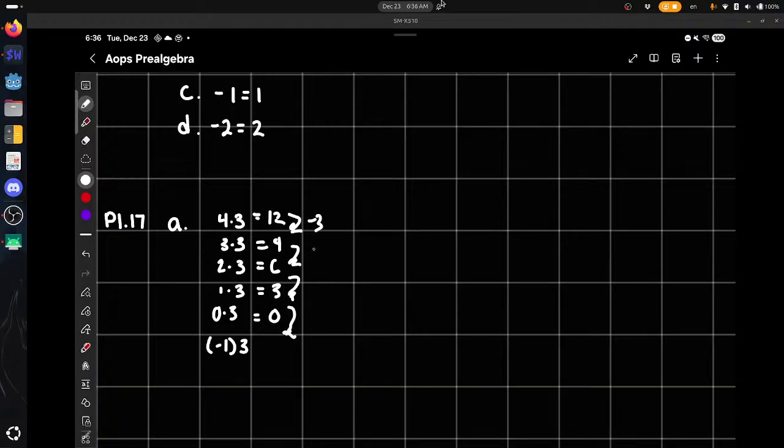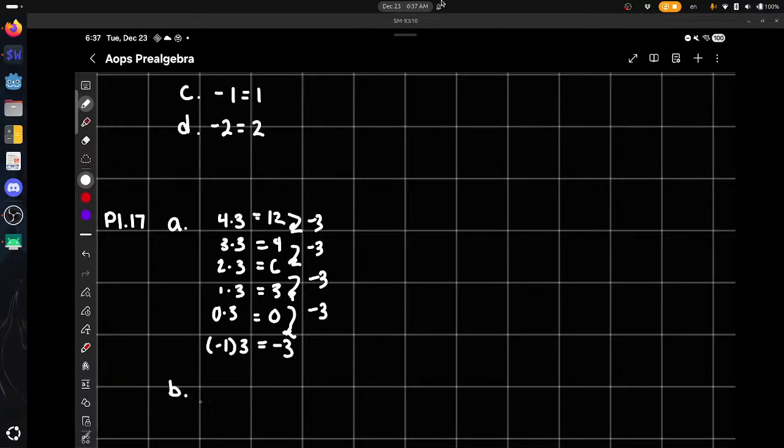This is negative 3. So this will be negative 3. It goes in the opposite direction now. So that's my answer for that.